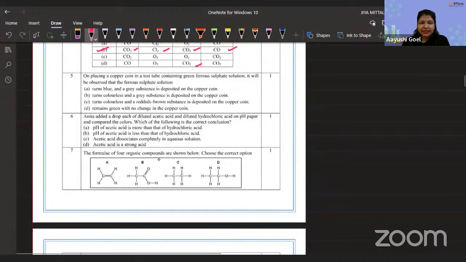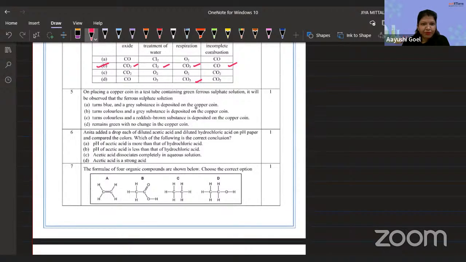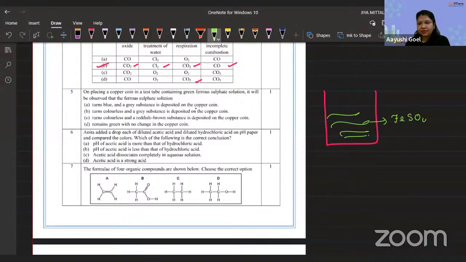Next, let's see. This question is from metals and non-metals. On placing a copper coin in a test tube containing green ferrous sulfate solution. So what they have done, they have taken a tube in which you have green color ferrous sulfate solution, and in this we are adding copper. Copper is added.